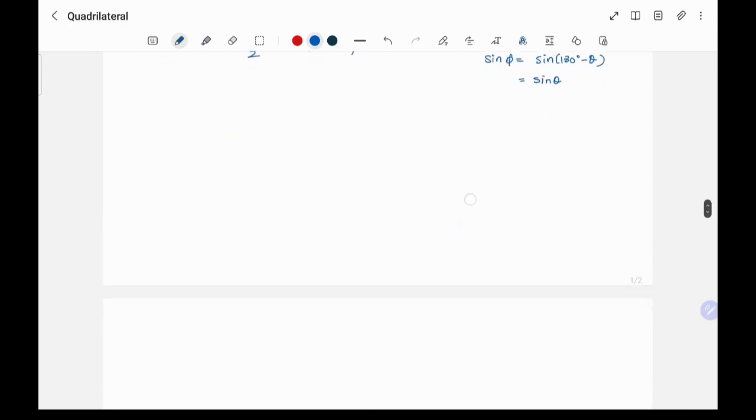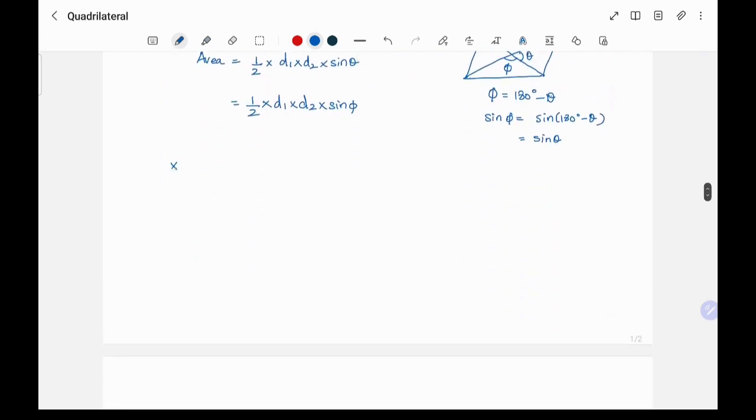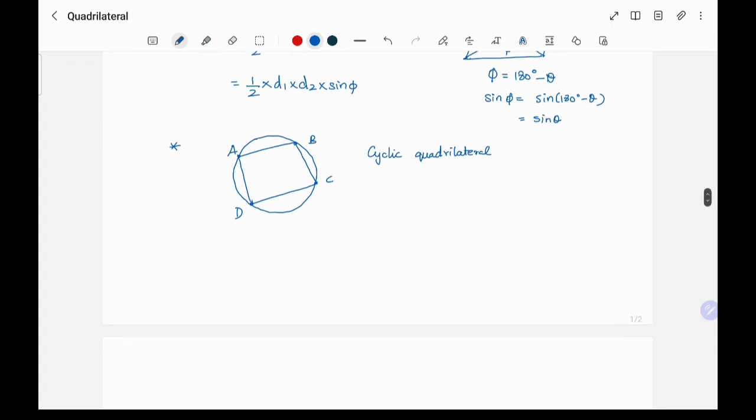Yeah. And suppose we have a quadrilateral inscribed in a circle. So we have a circle and there is a quadrilateral ABCD inscribed in it. This quadrilateral is called a cyclic quadrilateral. Inscribed means all the vertices are on the same circle.